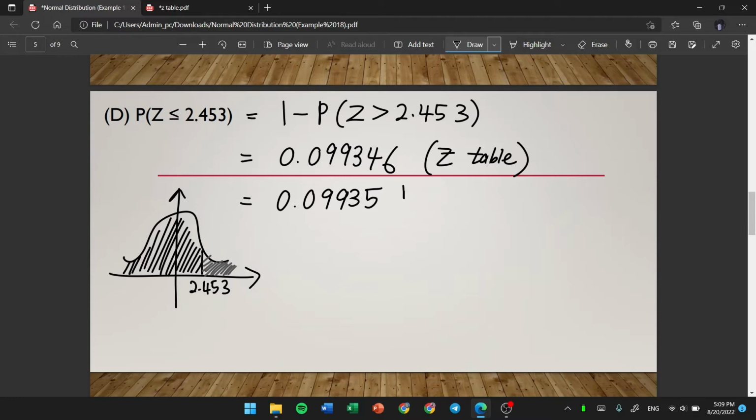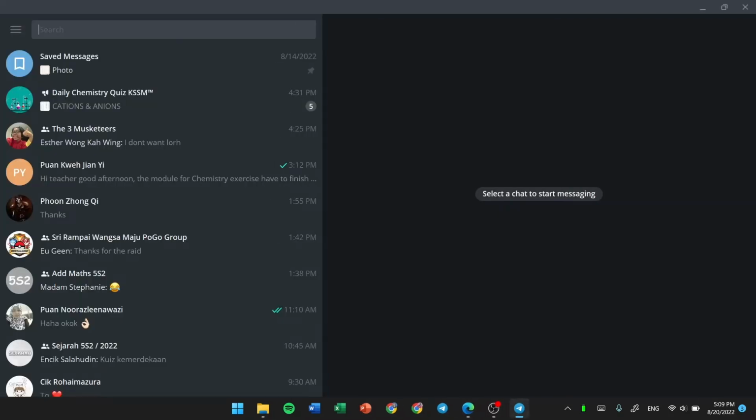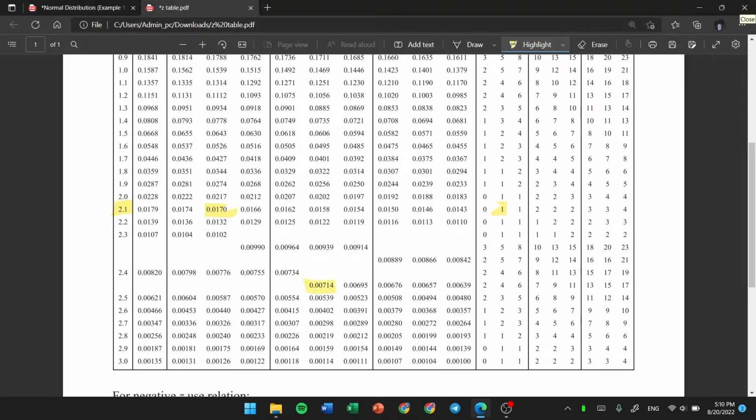If you are curious how I got this, we take 1 minus bracket. Must do the bracket first because bracket means we find the probability Z greater than 2.453. So 2.45. Okay, we see 2.4, 0, 1, 2, 3, 4, 5. Okay, so it is 0.00714.